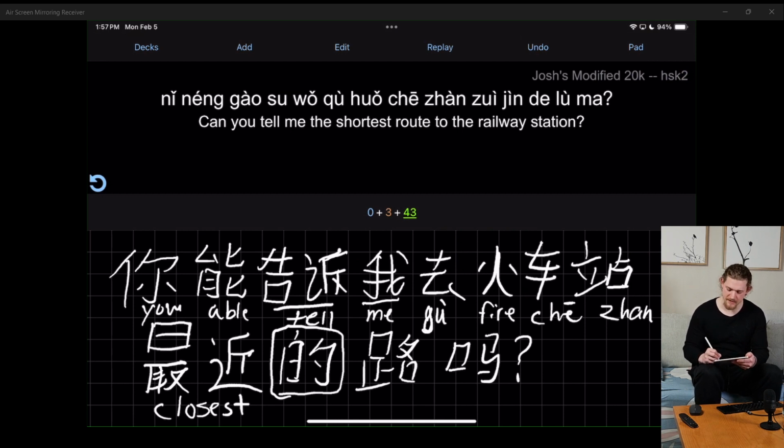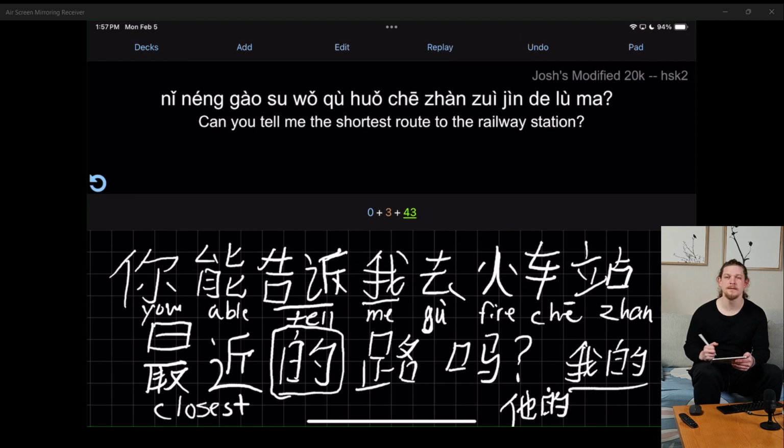So, here if I want to write my, it would be 我的, right? My. Or if I want to write his, 他的 means his. 我们的 means ours. 他们的 means theirs. 最近的 means the closest.